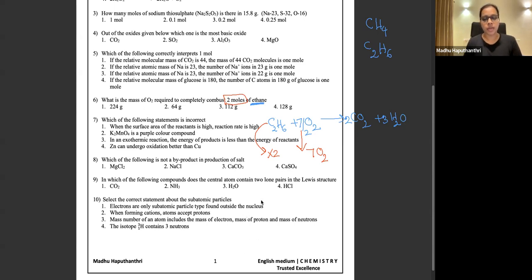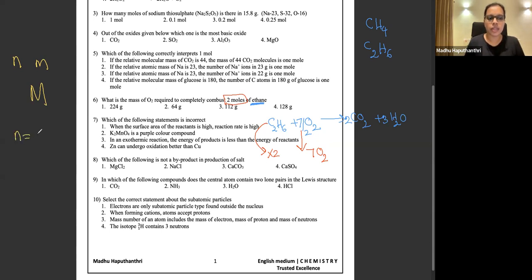I highlighted at the beginning, if you know the number of moles of something, you can easily go to the mass. If you know the mass of something, easily you can come to the number of moles. Because of n and m, these two are bridged through the molar mass, right? Molar mass we can very easily find. So here, I'm asking for the mass.